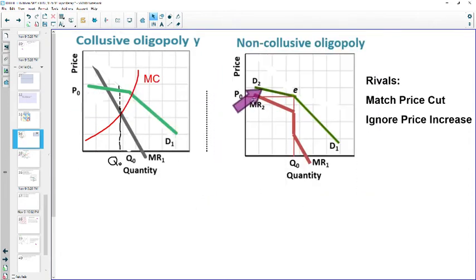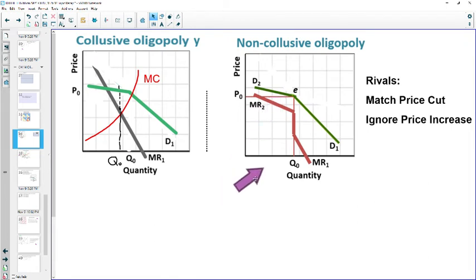We end up with the kink demand curve of a non-collusive oligopolist, and these marginal revenue curves correspond to the demand curve. First, MR1 corresponds to this lower level of the demand curve. MR2 here corresponds to this portion of the demand curve.